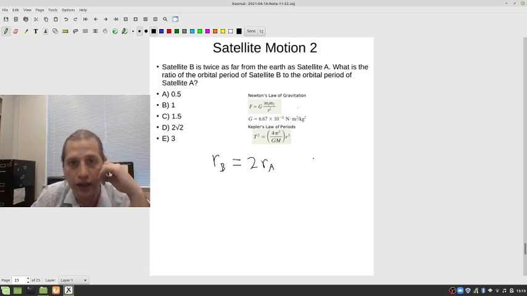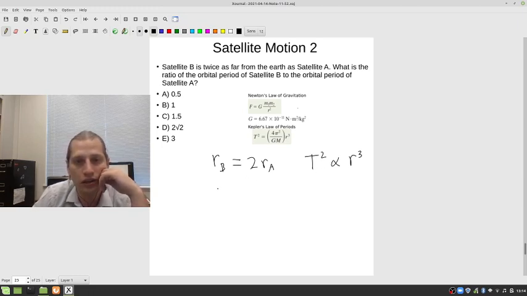Now look, we have already that T squared is proportional to some constants due to the mass of the planet being orbited, G, which is just a fundamental constant, same for everyone. It's proportional to r cubed.